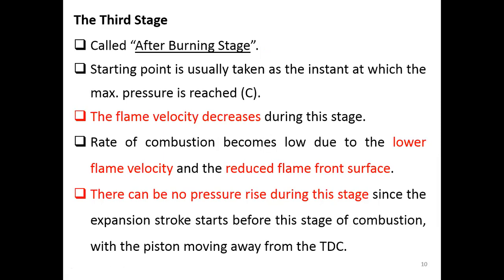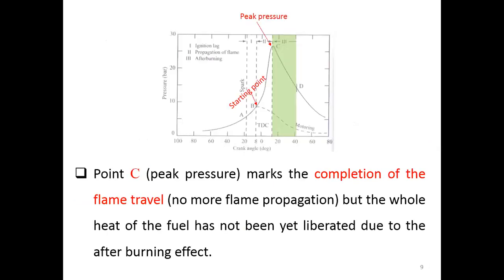The flame velocity decreases. That's why there is no flame propagation. It decreases during this stage, right? The rate of combustion becomes low because of the low flame velocity and also because of the reduced flame front surface. The flame front surface starts to reduce. There is no more pressure rise during this stage.